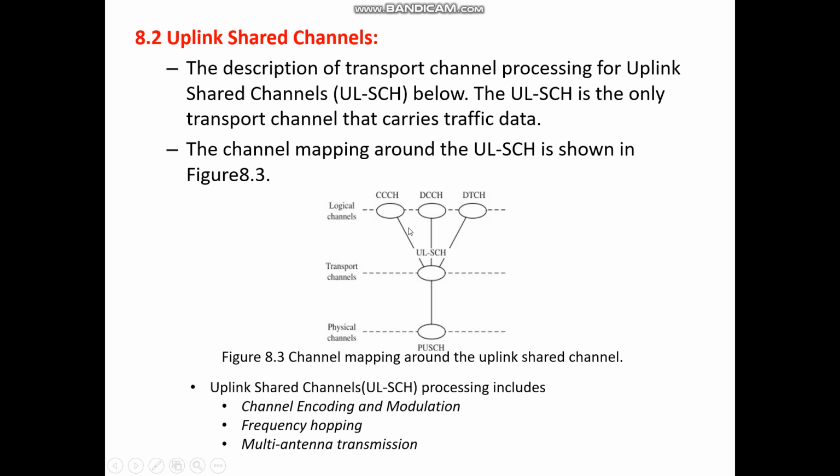These logical channels are mapped into a single transport channel, which is uplink shared channel. And this uplink shared channel of transport layer is mapped to the physical channel, which is physical uplink shared channel, PUSCH. And the uplink shared channel processing includes channel encoding and modulation, frequency hopping, and multiple antenna or multi-antenna transmission.